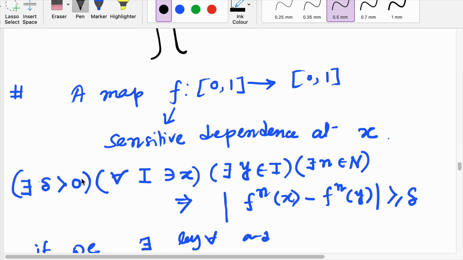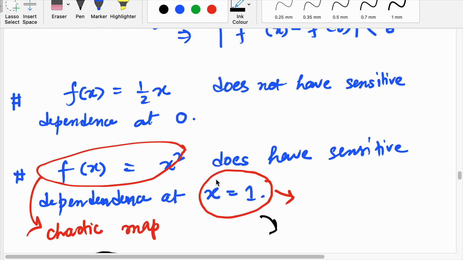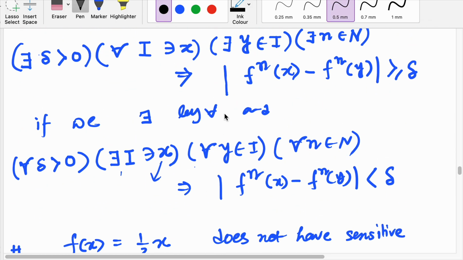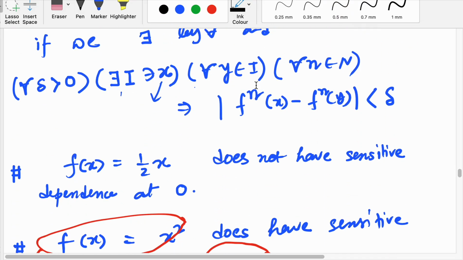So this is called the sensitive dependence on initial conditions, and we have proved that any weakly iterate map has this dependence. And how have we proved that?